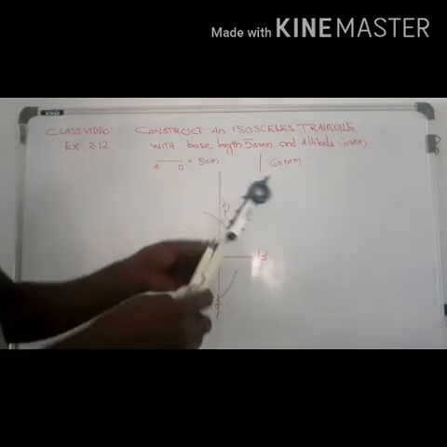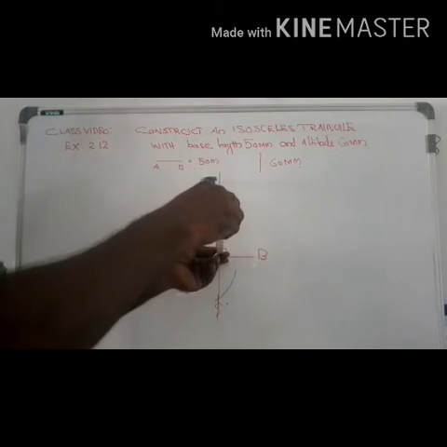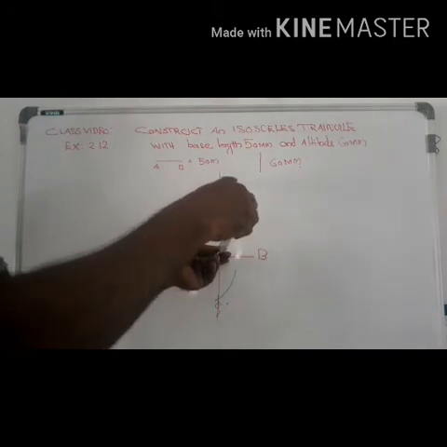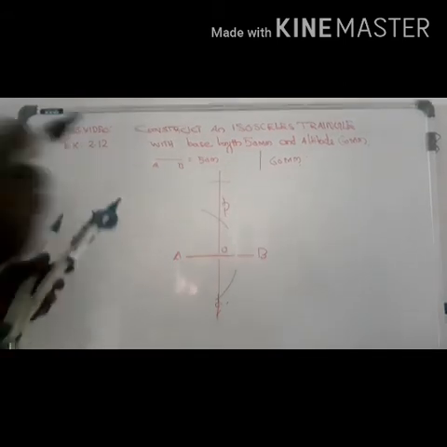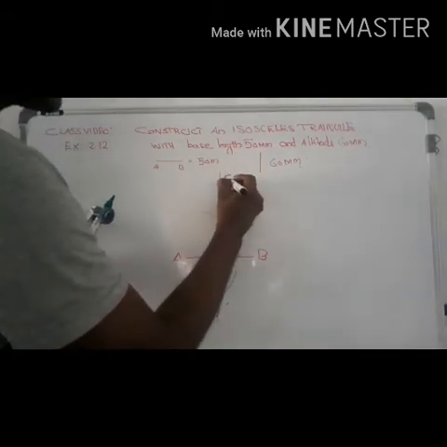Place the compass point on O and draw an arc. That arc cuts the bisector line here. That point is called C.